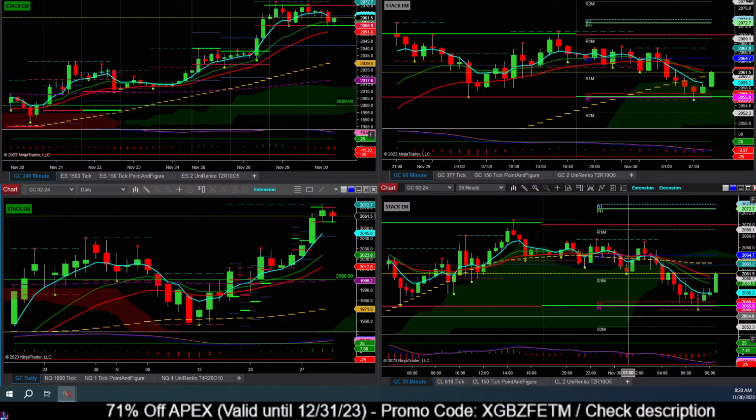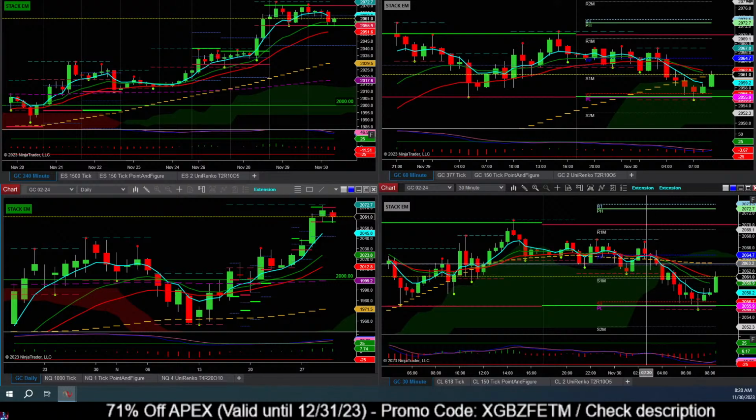Okay, in the 30 minutes, we are bouncing back up. You can argue that it's forming a bear flag. However, we are at the support and we are bouncing off of the previous low. I just noticed that one. So previous low is making that bounce off of it and then moving towards the 50 SMA right there.